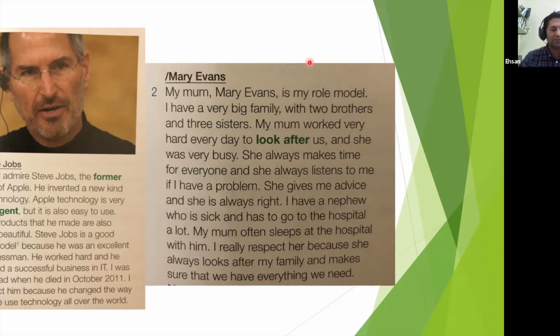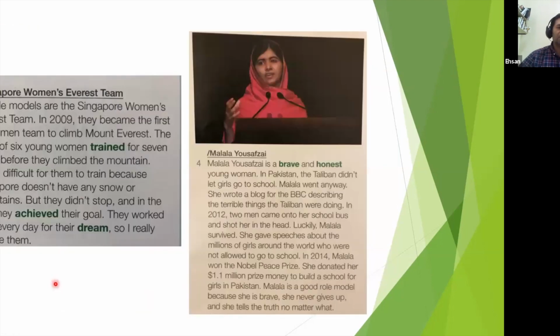She always makes time for everyone. She goes to hospital to take care of a nephew, and she makes sure that all of the family members have everything they need. Look after, which is one of the key words and is written in bold, has been used twice. Later, there is a short paragraph about the Singapore Women's Everest team.